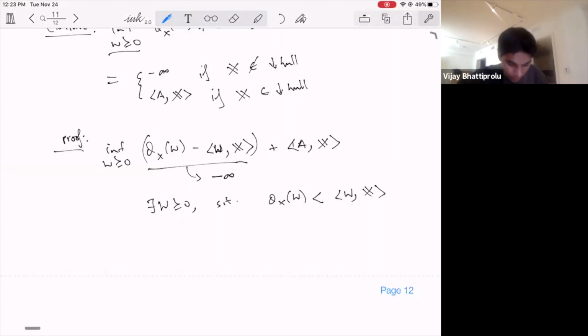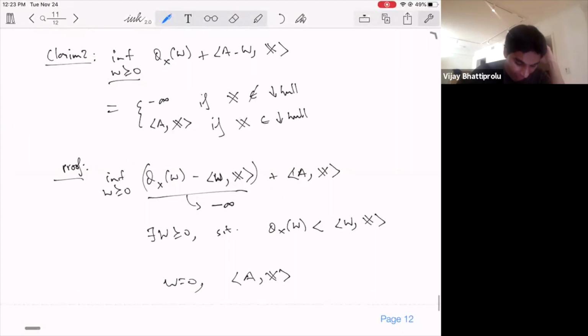On the other hand, if there doesn't exist any such W, we can substitute W equal to 0, and we get just A inner product bold X. I just wanted to point out that the two cases we are looking at are: if there exists such a W such that this inequality holds, then we can drive the value down to negative infinity, and if there doesn't exist such a W, we can achieve A inner product X just by substituting W equal to 0.